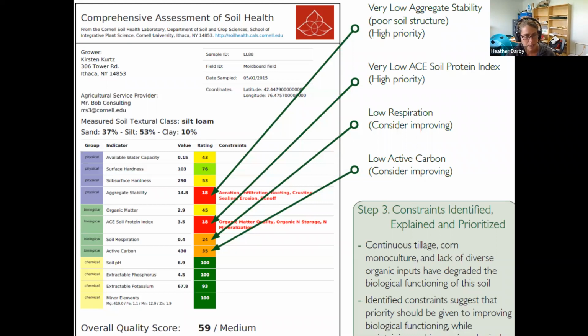These aren't quite as direct in their outcomes, okay? And that's an important part of the conversation we need to have. So you can see here, this soil scored a 59. So it's in the medium category, and it would need to be improved. And if it was, then likely the soil would become more productive agronomically and environmentally.